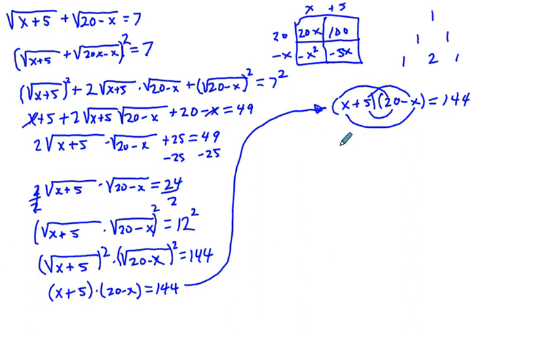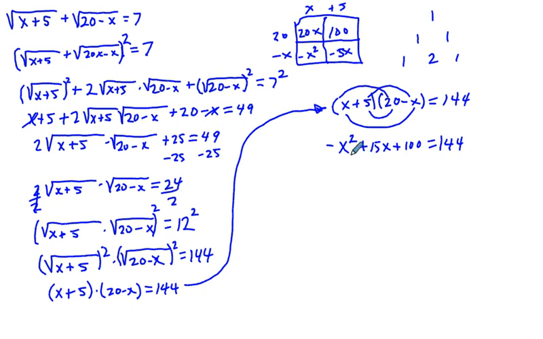So what we have is negative x squared, 20x minus 5x, which is plus 15x, and plus 100, is equal to 144.